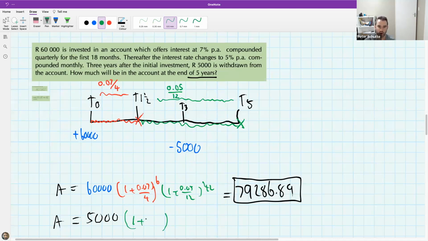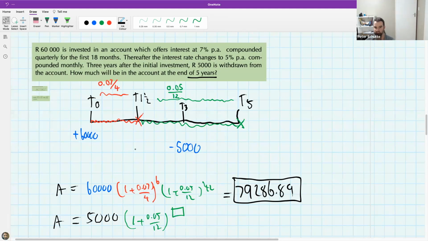So it goes 1 plus 0.05 over 12. What is going to be over here? So how long would the 5,000 have grown if I left it in?